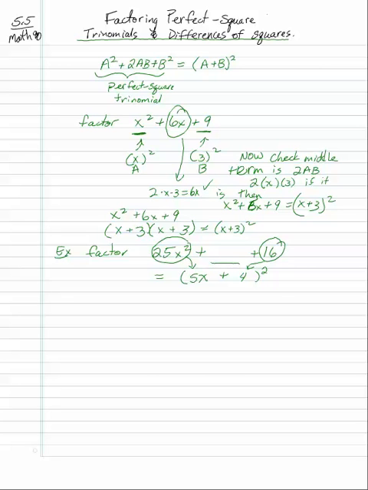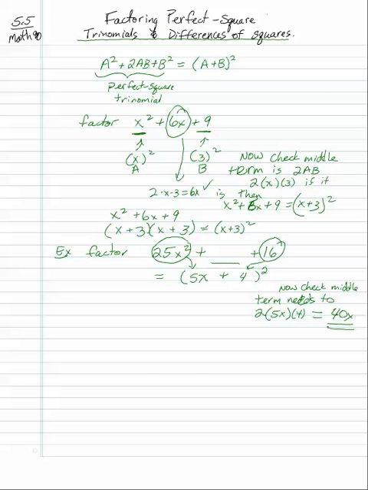Now check. The middle term needs to be 2 times 5x times 4, which equals 40x. If the middle term is 40x, then you're done. If it's not 40x, then you have to do the Ridge method on this one: factors of 400 that add to whatever that middle term is.